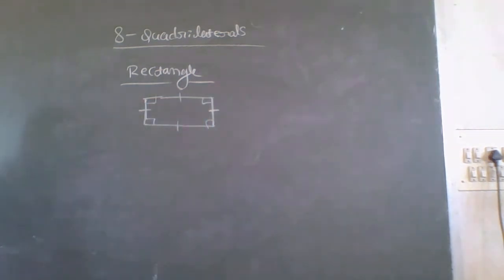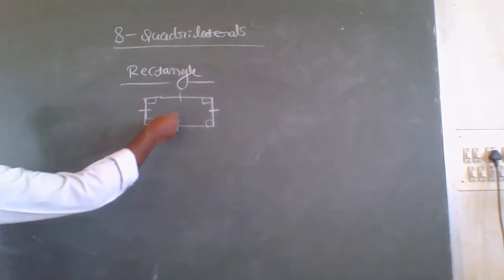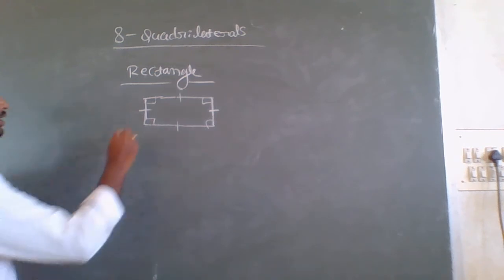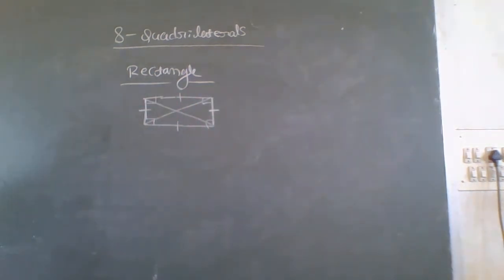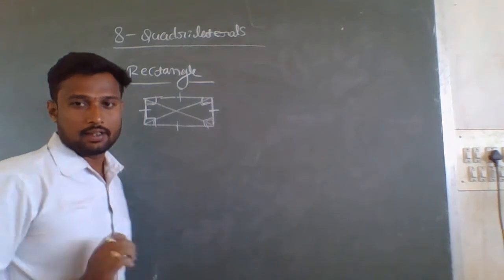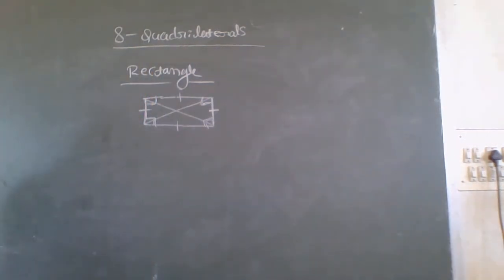That is called a rectangle, and it has all the properties of a parallelogram. Means opposite sides are parallel, opposite sides are equal, and diagonals bisect each other. Here the additional property is that each angle is a right angle. All these angles are 90 degrees in a rectangle. This is the main difference between rectangle and parallelogram.